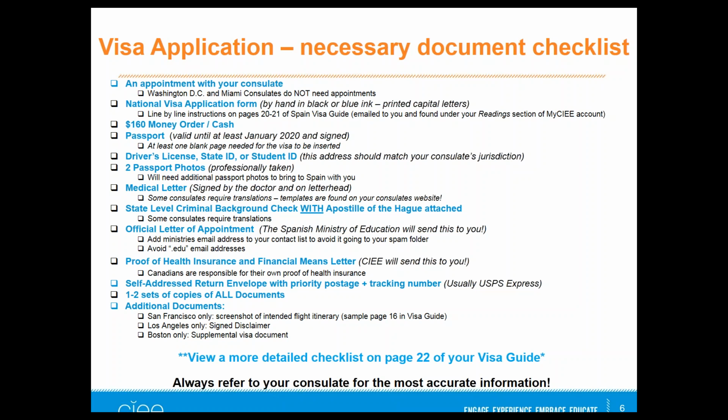Once we do know that participants are starting to receive this letter, we will send a mass email to everybody just to keep an eye out for it, so that they know it is on the way. Something we've noticed in the past is that for participants with EDU or university email addresses, the letter does tend to get sent to the spam folder, or sometimes just automatically blocked completely.